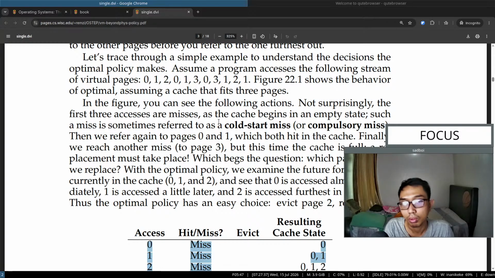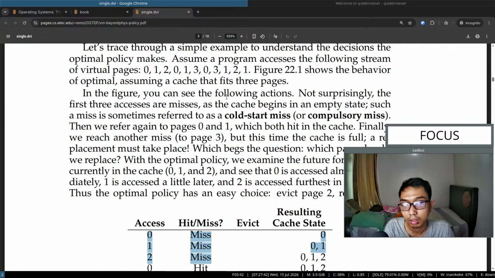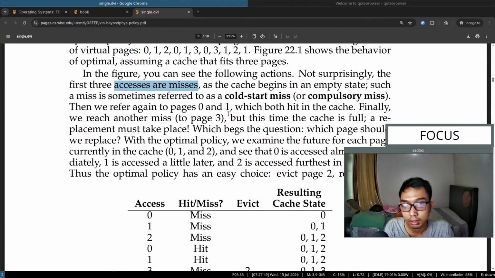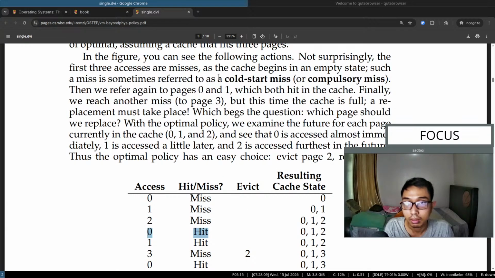Oh. Okay. Right. Yeah, maybe because, in this case we are trying to access 0, 1 and 2, and then we are accessing 0 and 1. Okay, retry again, right?